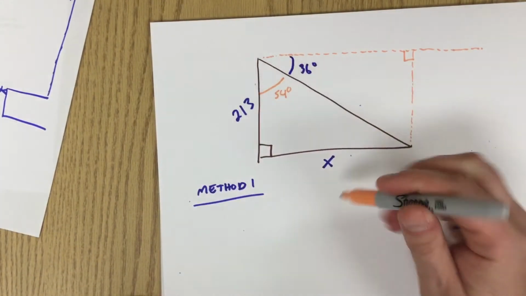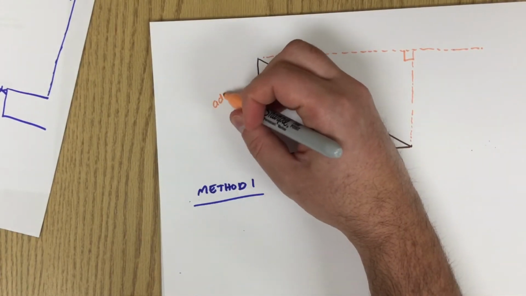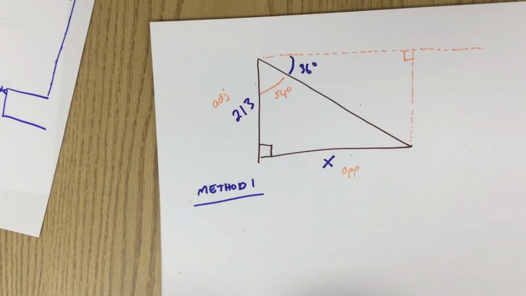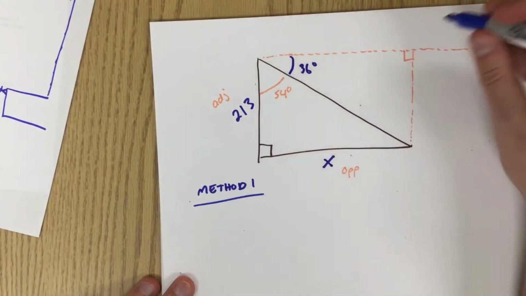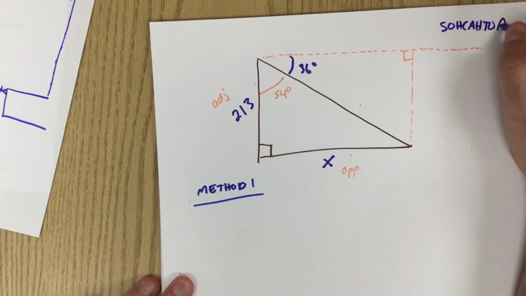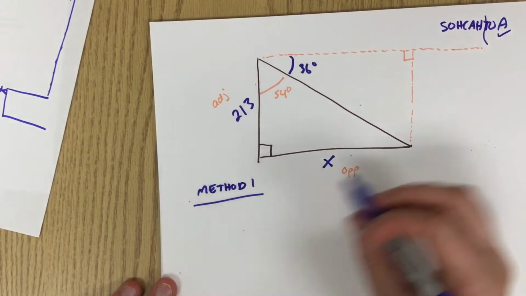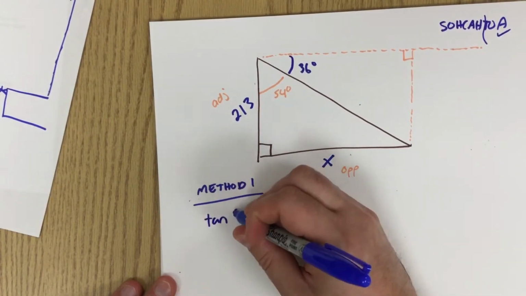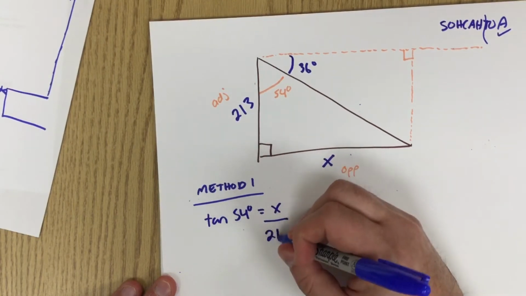If we're using this angle, then this becomes the opposite, and this becomes the adjacent. Looking at SOHCAHTOA, this is opposite and adjacent, so it's going to be a tangent.